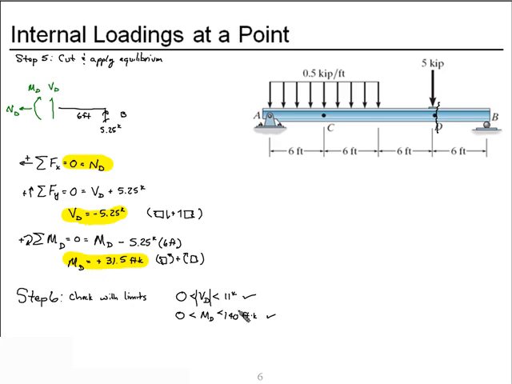Again, we checked with our limits, found that these forces, internal loadings, are also within the limits we calculated, well below the upper limit values, so we have confidence in these numbers as well. Well done.